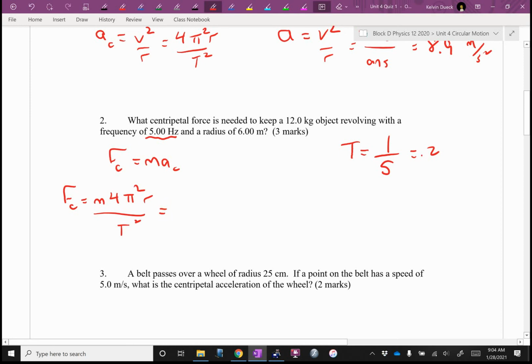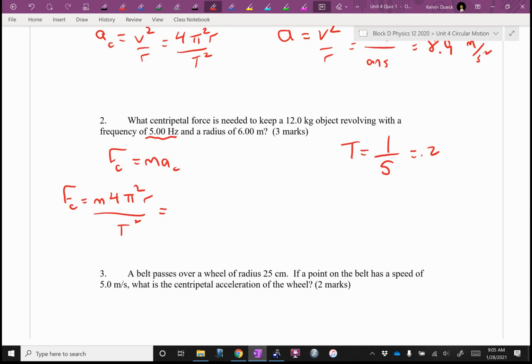I'm going to get a pretty big number because 12 kilograms, that's about a bowling ball. 6 meters, that's about the distance between me and McKenna. So we're rotating a bowling ball on the end of a string 5 times a second on that long a radius. That's going to require a machine. There's no way a human could do that.